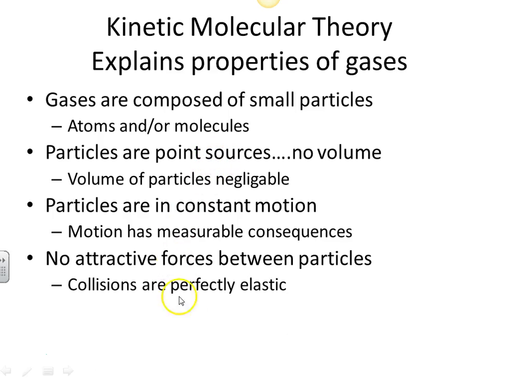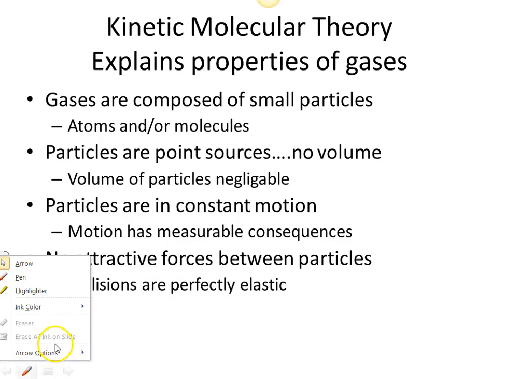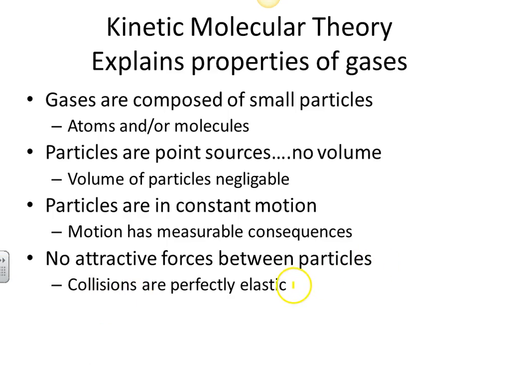We also consider that due to the lack of attractive forces between particles and their container, the particles have what's known as perfectly elastic collisions. Perfectly elastic collisions means no loss of kinetic energy during collisions.